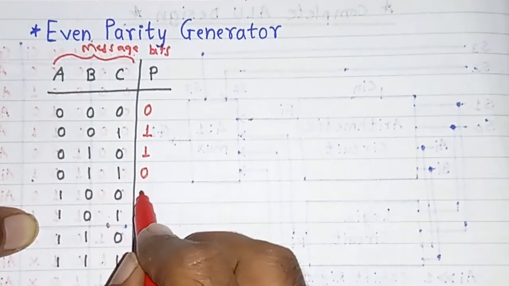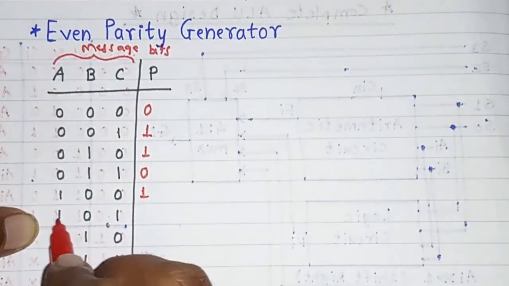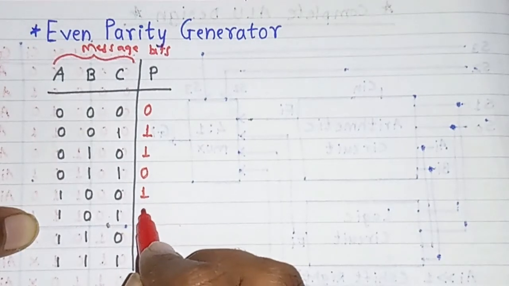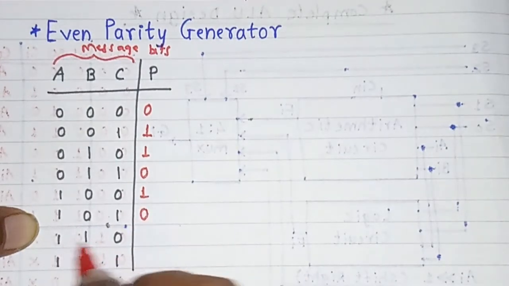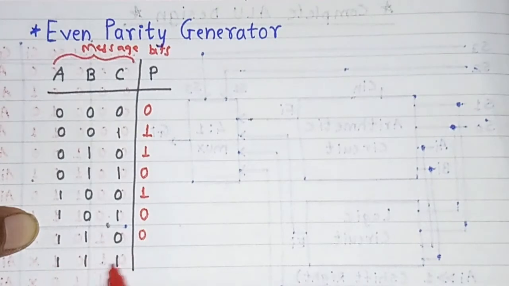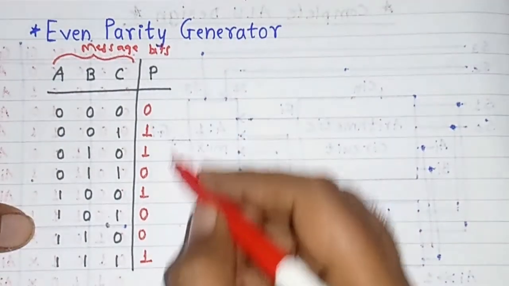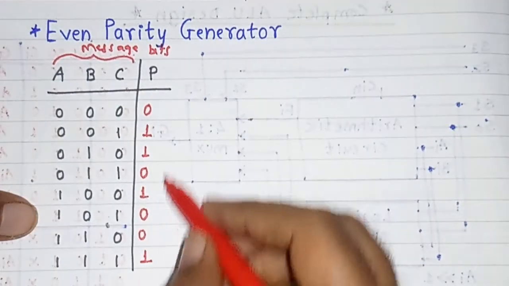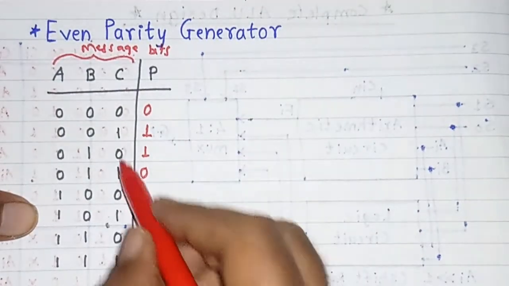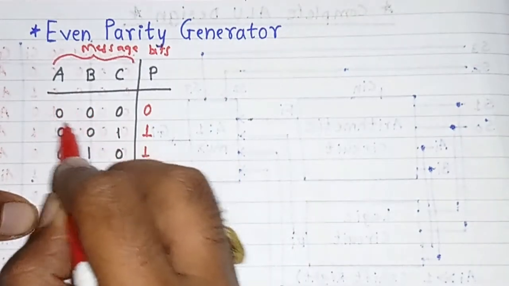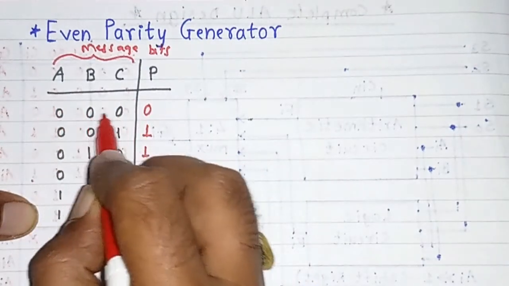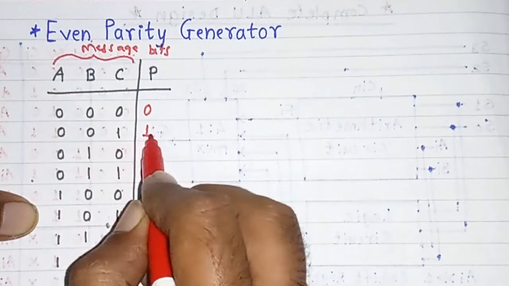If odd number of ones, the parity bit should be 1; if even number of ones, 0. This is how we generate the message to be transmitted. So actually the transmitter will send these 4 bits, 0 0 0 0, 0 0 1 1, like this.